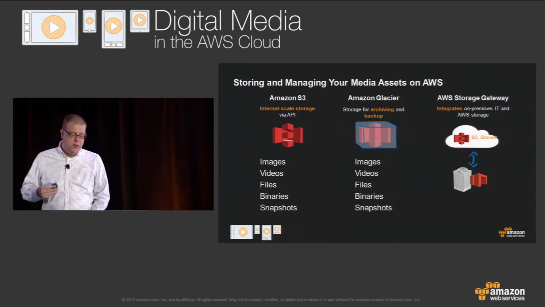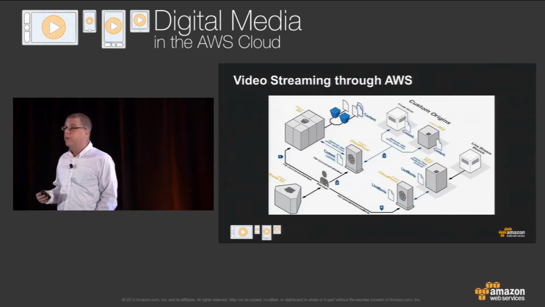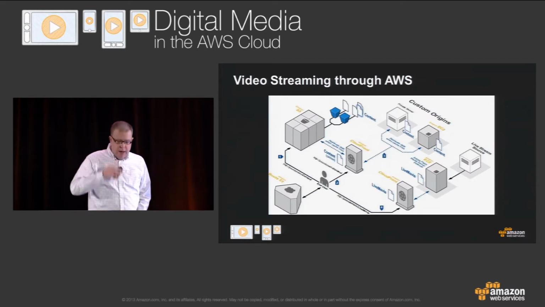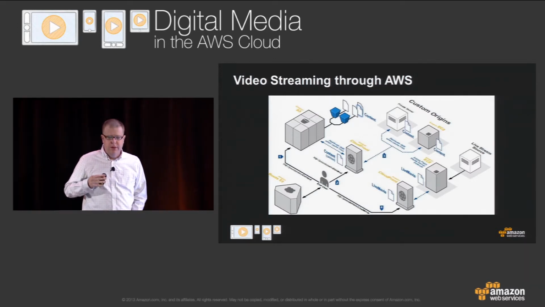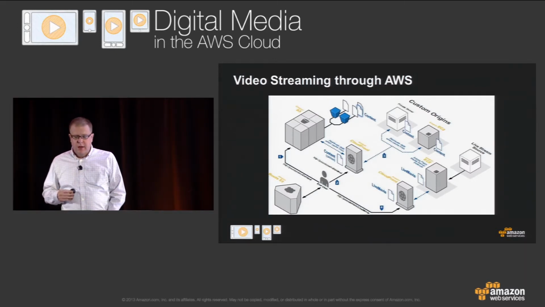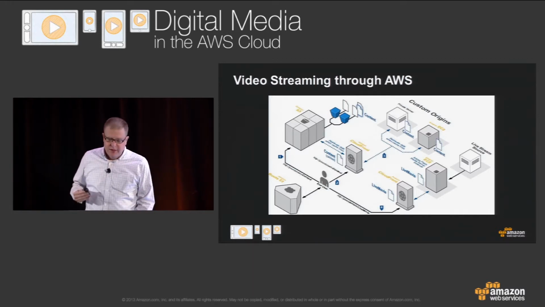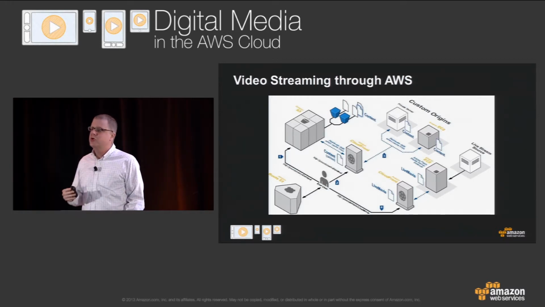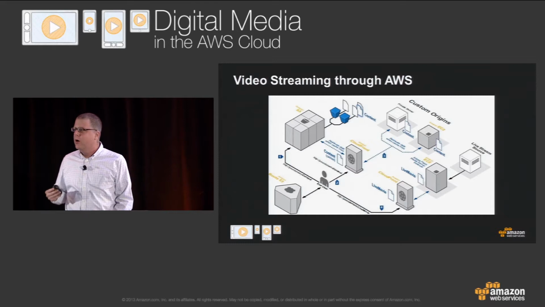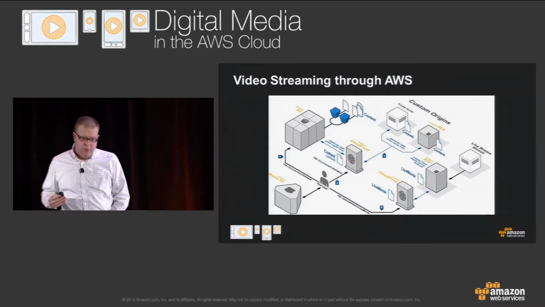Now let's talk about video streaming through AWS and CloudFront in particular. This is kind of a complicated picture, but I guess the thing to take away is that the architecture that you choose will depend, in part, on what type of streaming you're trying to do.